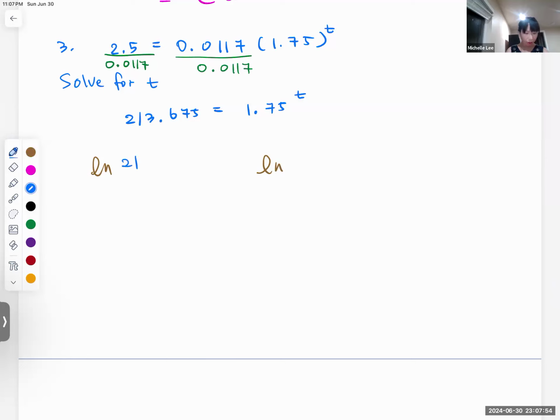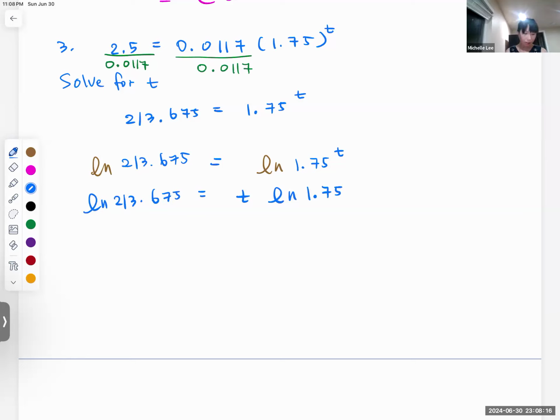So we have natural log of 213.675 equal to natural log of 1.75 to the t power. Now we can bring down the t, so t times natural log 1.75.